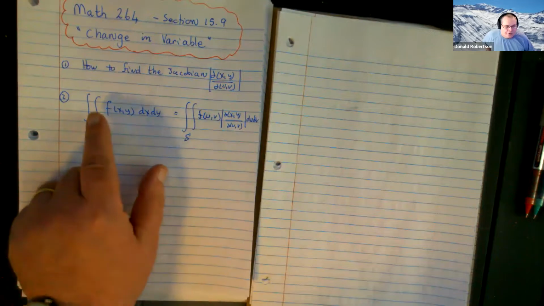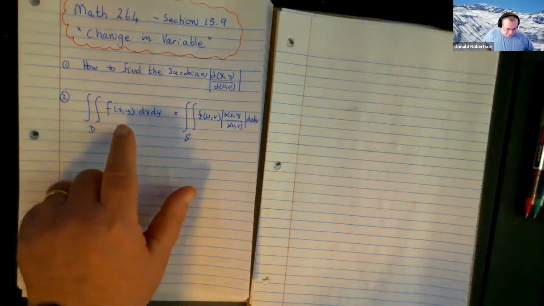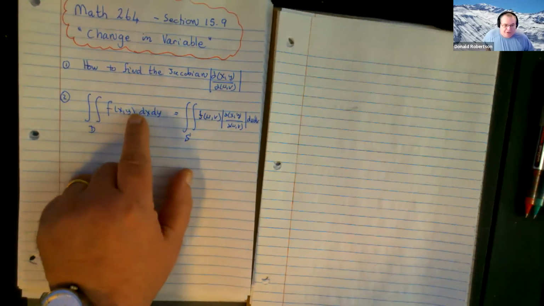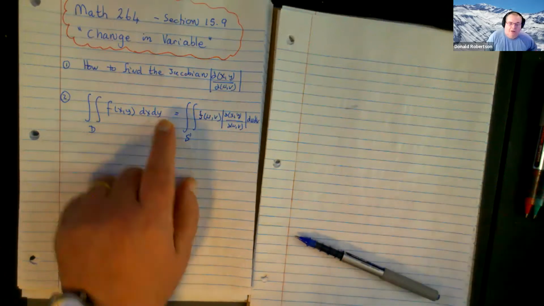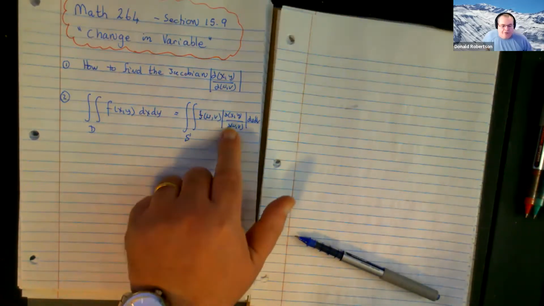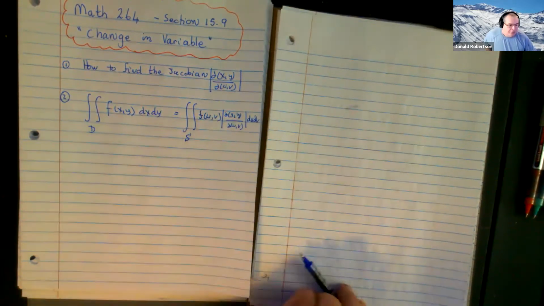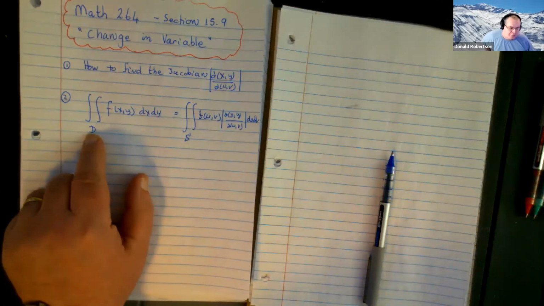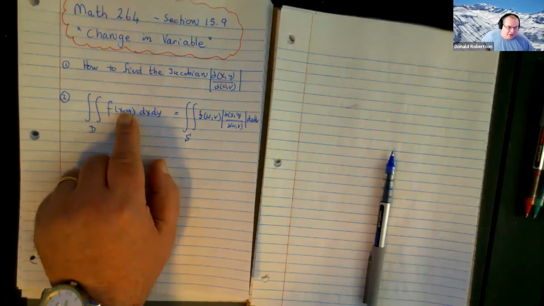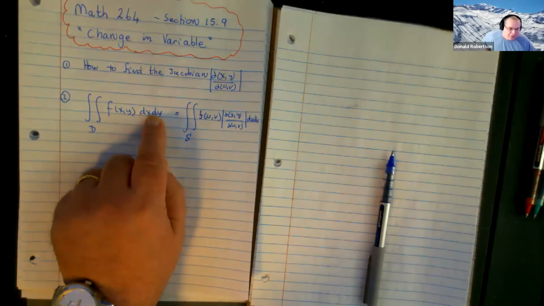And then how you can use a Jacobian to translate a double integral that used to be in terms of the variables x and y. What the change in variable, the Jacobian, allows you to do by this formula here is to convert it into u and v. So I want you to imagine you've got a region in 2D space called, say, D. You've got a function like x squared plus e to the x plus y, whatever, and you're going to integrate it with respect to x and y.